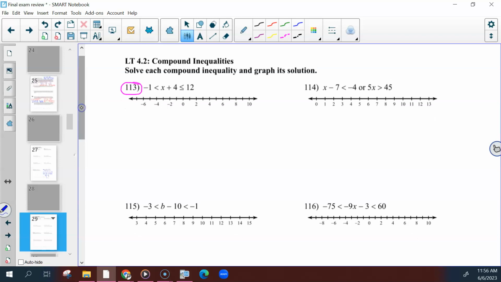So from this page, which questions do you want to see? Do you have any questions about this? If you don't have any, we're going to go to the next page.